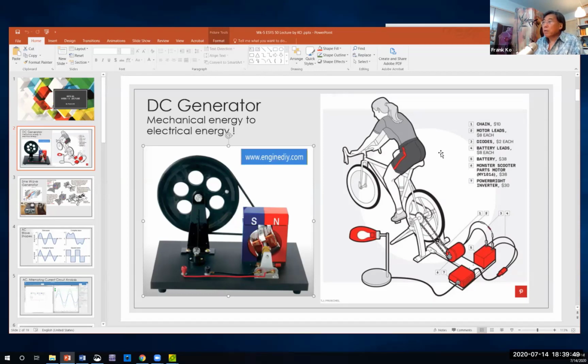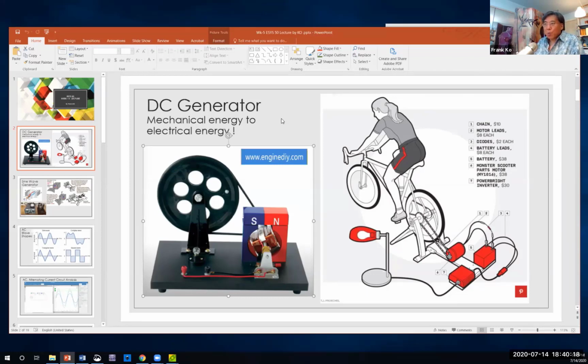And as they pedal, they are tied to a DC generator, which then charges a battery, which has a diode, which allows current to come in only one way. And then the charge from the battery goes into an inverter. And the job of the inverter is to change the DC into AC. And we're using AC to power whatever it is that you plug into an AC outlet. It could be a cell phone charger, it can be a lamp, it could be a refrigerator.